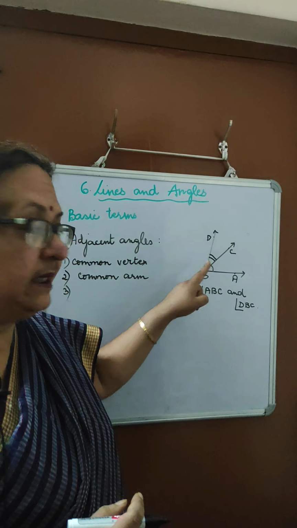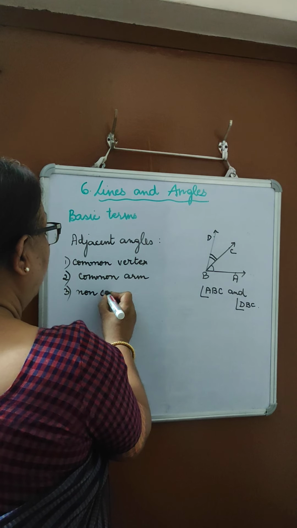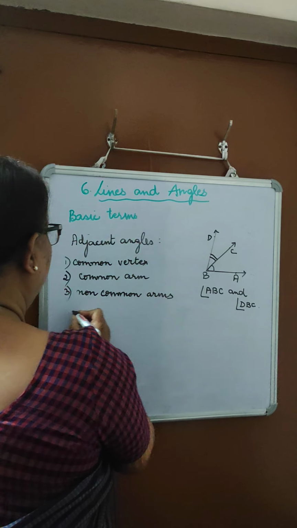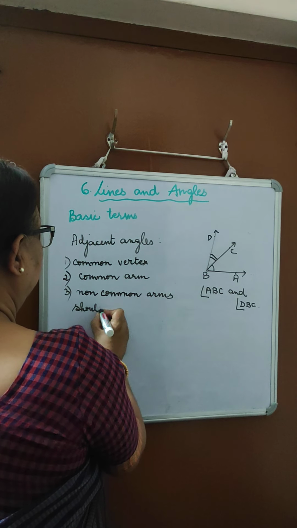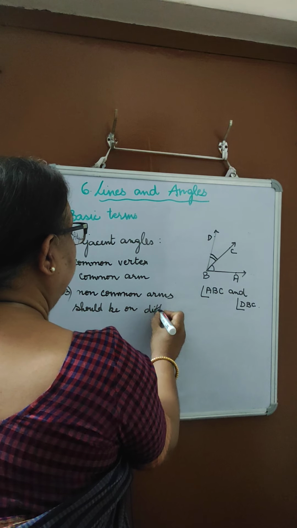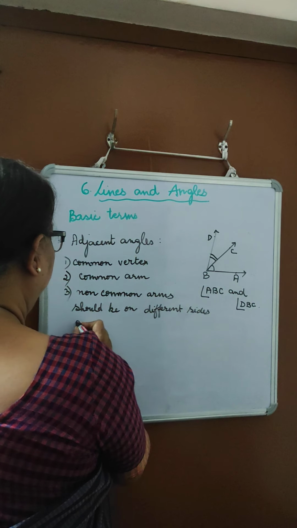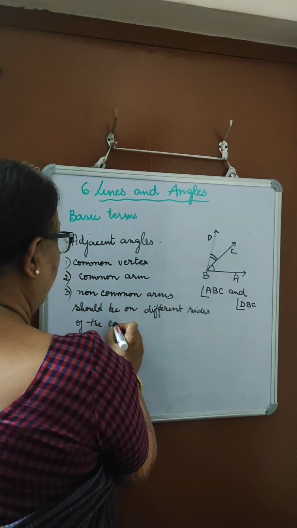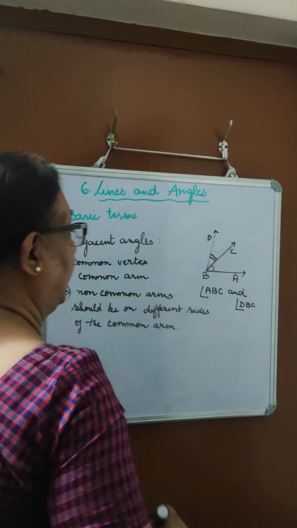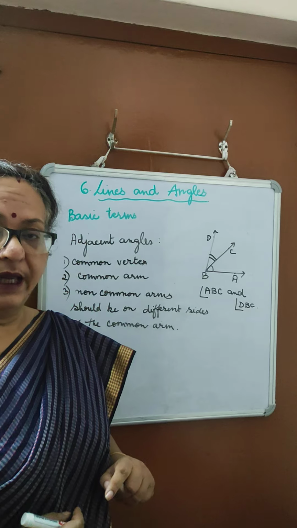The common arm is BC. So the third requirement is that the non-common arms should be on different sides of the common arm. Then these two angles are called adjacent angles.